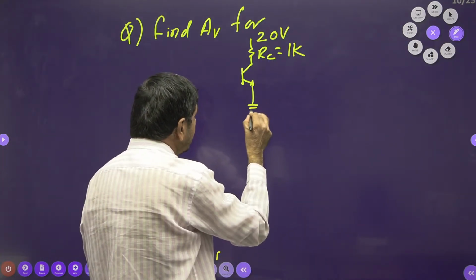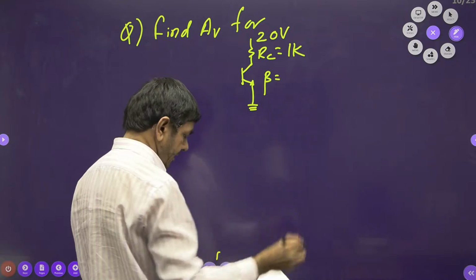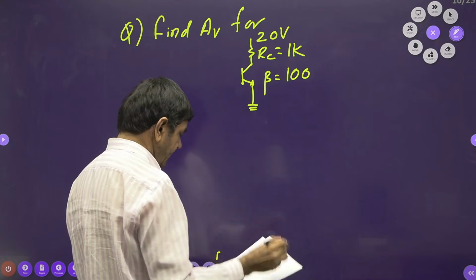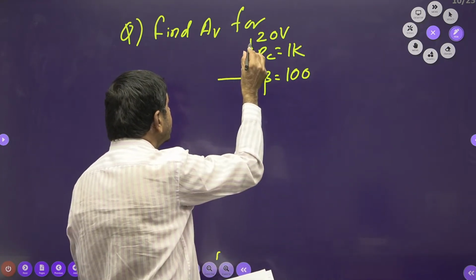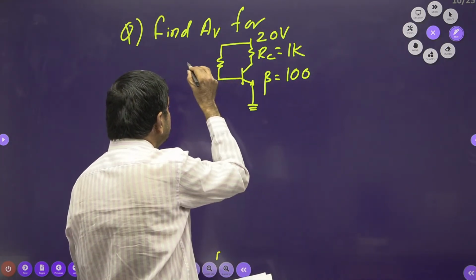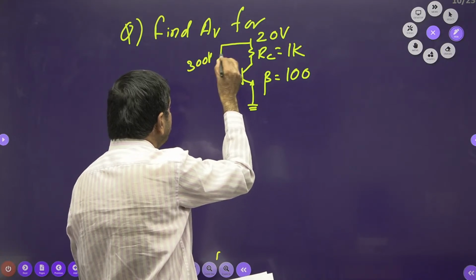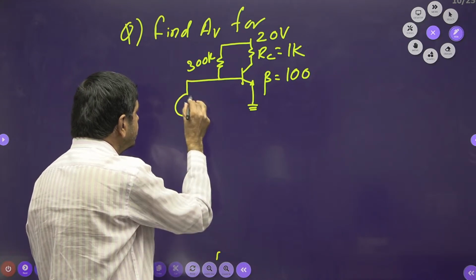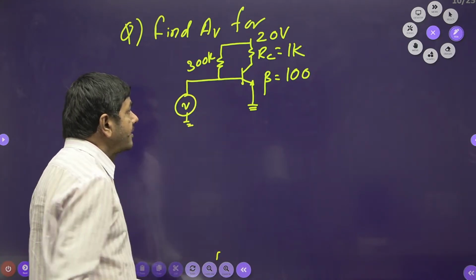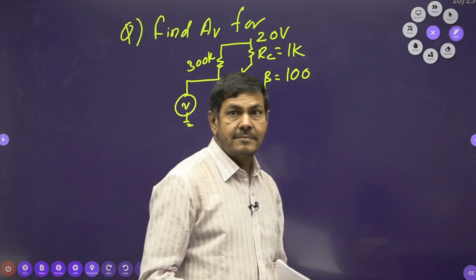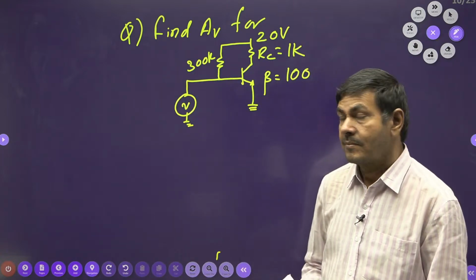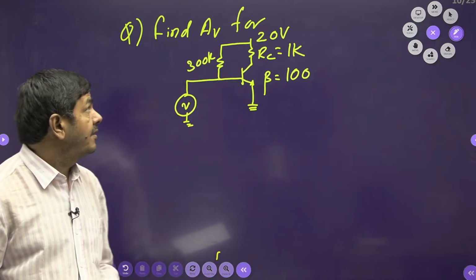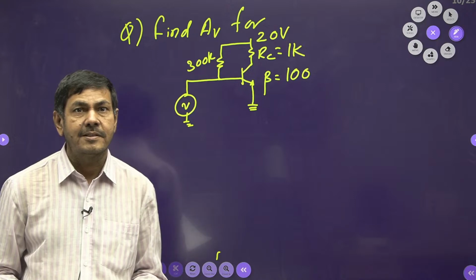Emitter is connected to the ground and beta is given as 100. A 300K resistance is connected here, and this is connected to VI. This is one more model. We need to find the voltage gain for this.